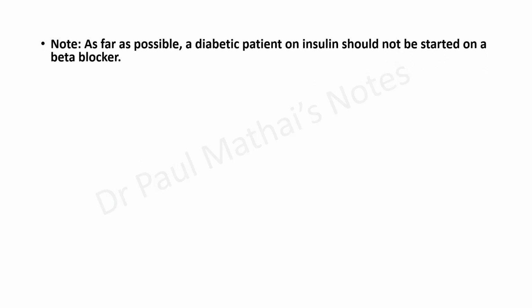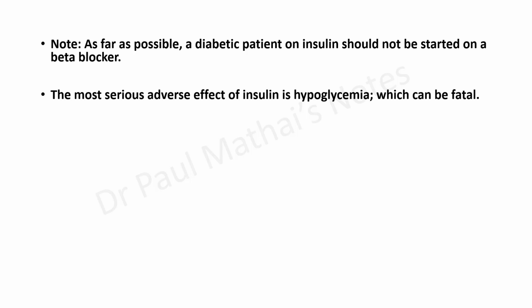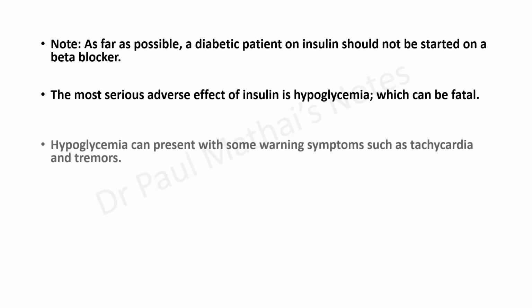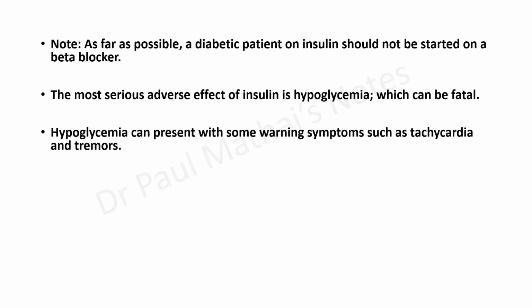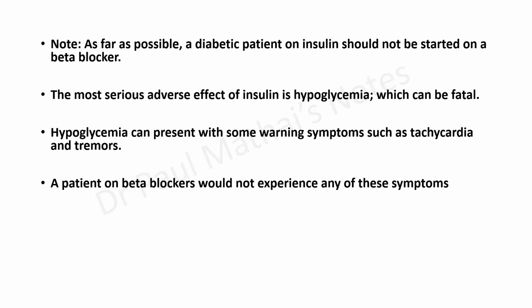It's worth noting that as far as possible, diabetic patients on insulin should not be started on a beta blocker. The most serious adverse effect of insulin is hypoglycemia, which is potentially fatal. Hypoglycemia can present with some warning symptoms such as tachycardia, tremors, and so on. However, a patient on beta blockers would not experience any of these symptoms.